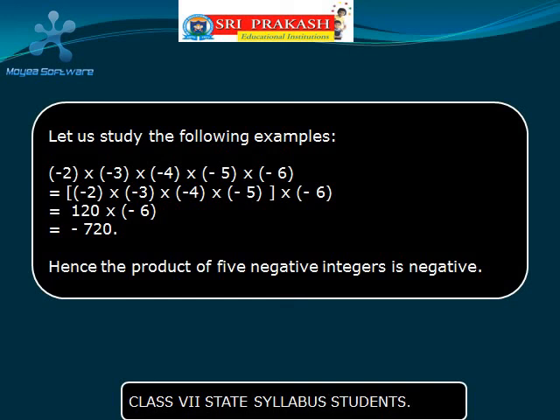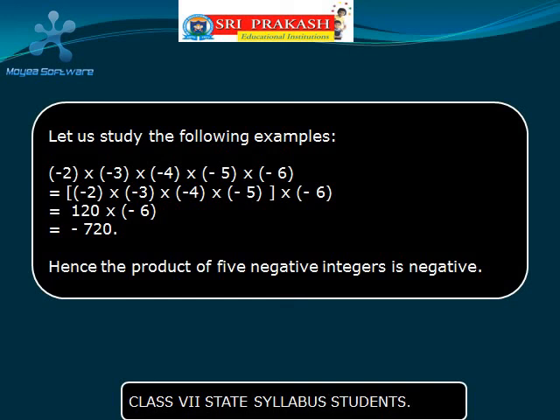Let us study the following example. Find the value of minus 2 into minus 3 into minus 4 into minus 5 into minus 6. Just now we found the value of minus 2 into minus 3 into minus 4 into minus 5. The value is 120 into minus 6.